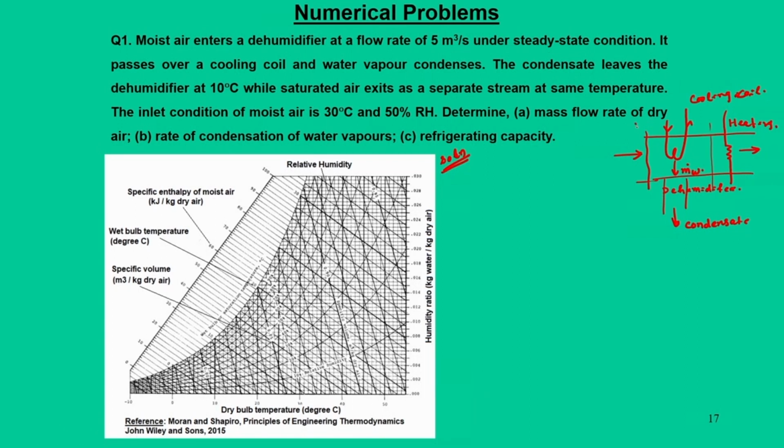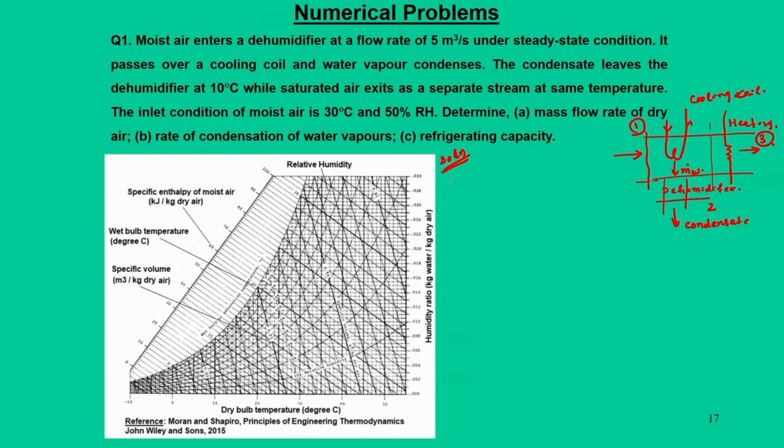So, you can locate the states: 1 is the entering state, 2 is the condensate, and the state that is leaving is 3.